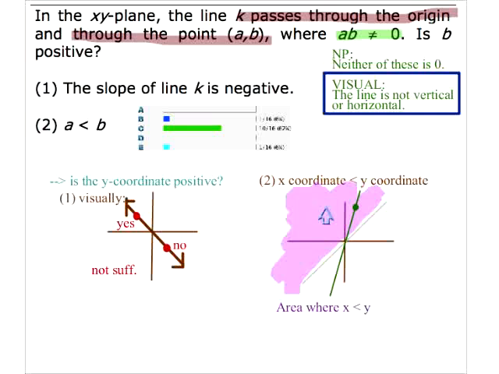This would be a point satisfying statement 2 with B positive. And then here's a line. Here's another point satisfying statement 2. This time it's negative. So this is a yes to the question, but this is a no to the question. So that's also not sufficient.